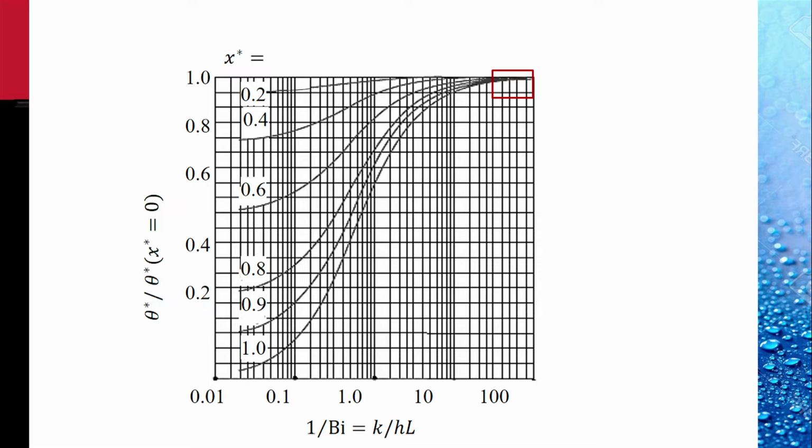The solid could be assumed to be at a relatively uniform temperature, and all the temperature difference occurs within the thermal boundary layers at the two boundaries. The case of low Biot numbers, low internal resistance.